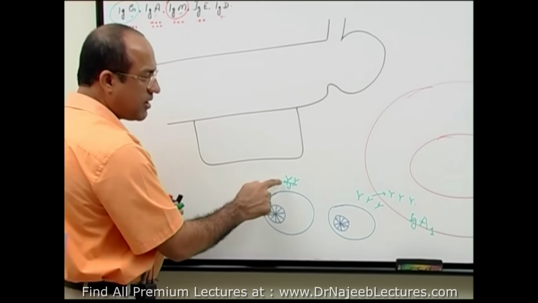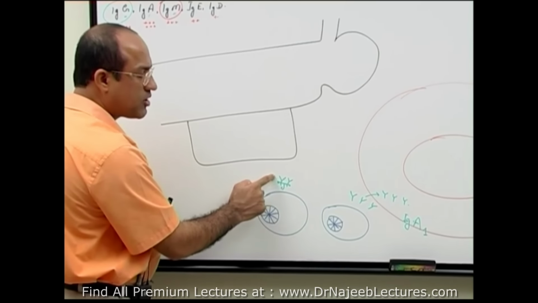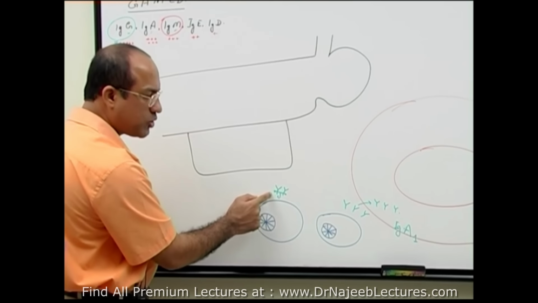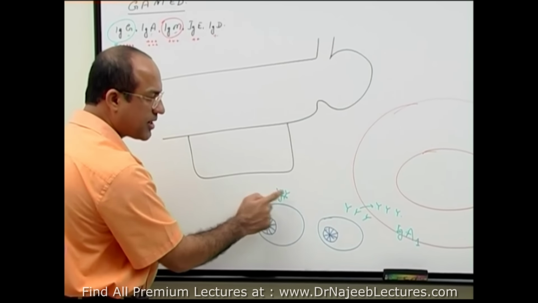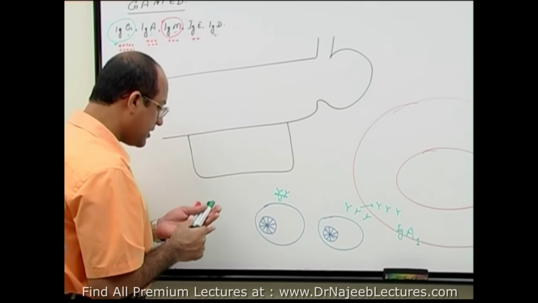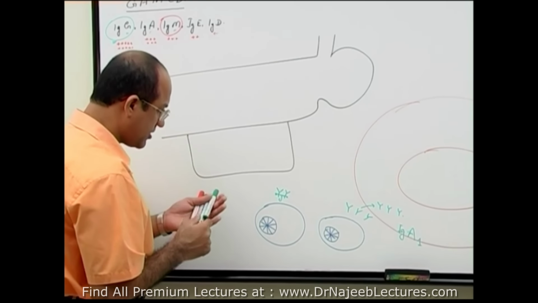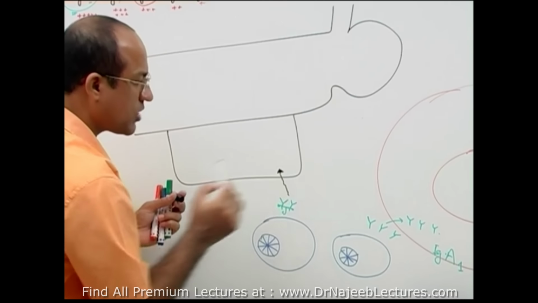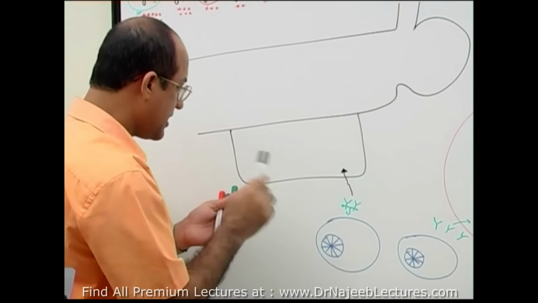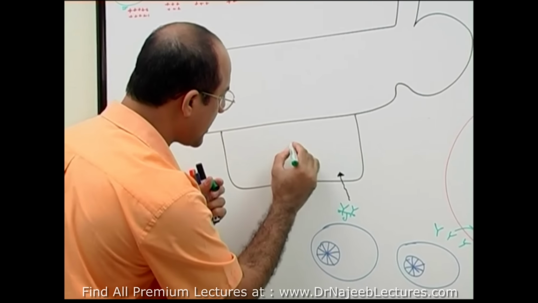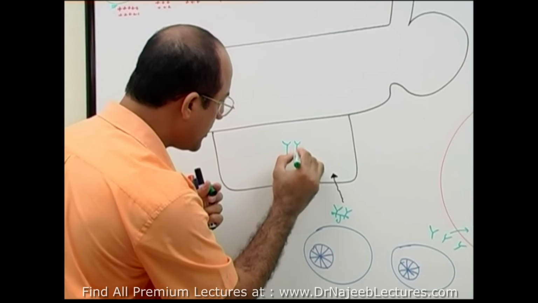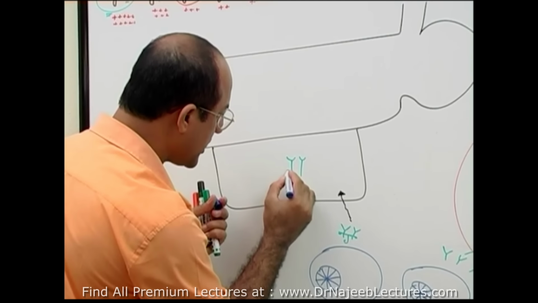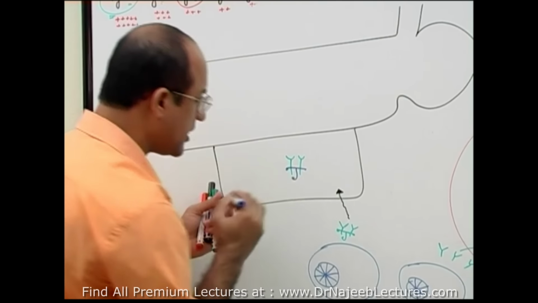But these two monomers of IgA which are held together by the joining chain are now becoming a dimer. This dimer is internalized by, it enters into, what is this cell? Mucosal epithelial cells, right? And once IgA dimers are inside, already they were joined with which chain? J chain.